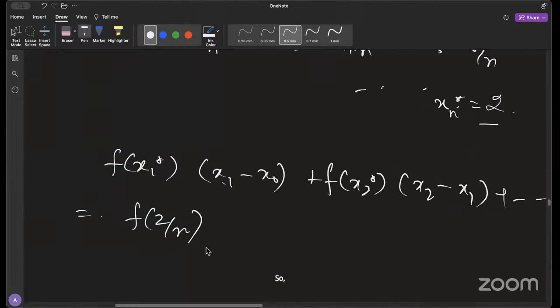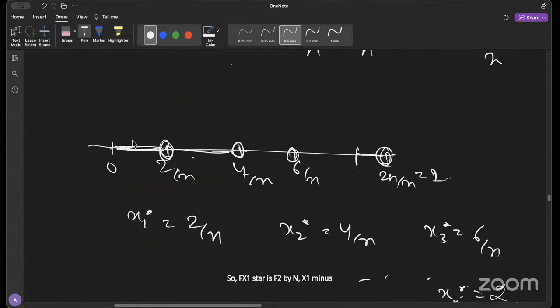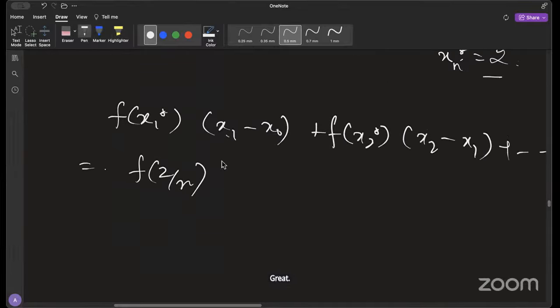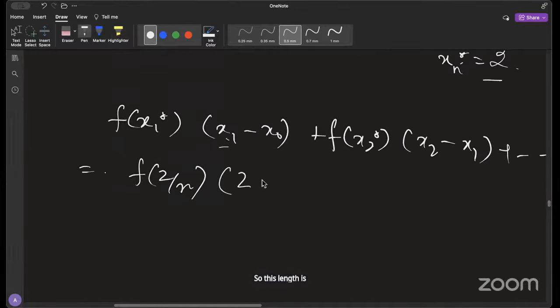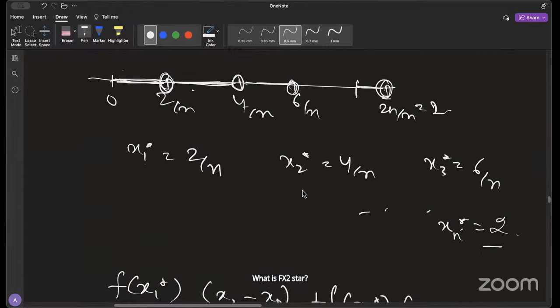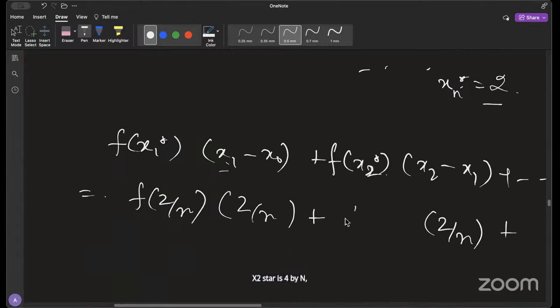So f(x1 star) is f of 2 by n, times x1 minus x0. What's the length of this one? This is 2 by n. Length of this is also 2 by n. Length of this is also 2 by n. So they all have a common length 2 by n, right? What is f(x2 star)? x2 star is 4 by n. f(x2 star) then will be f of 4 by n.